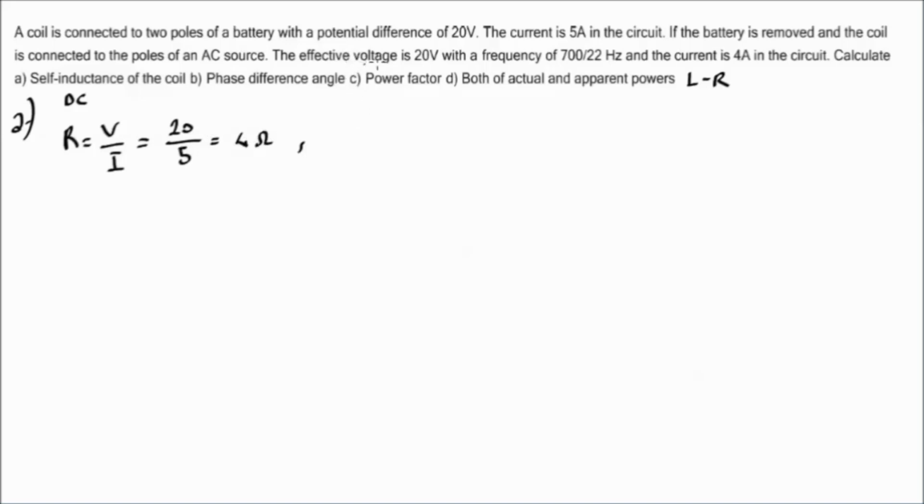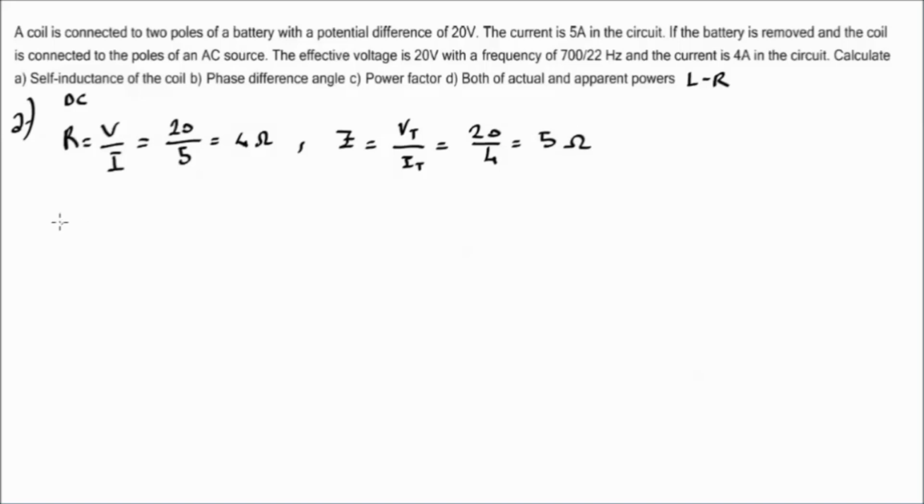Effective voltage given 20 and the current in the circuit given 4 ampere, so I can calculate the total impedance, which is equal to V total over I total, 20 over 4, it equals 5 ohm.